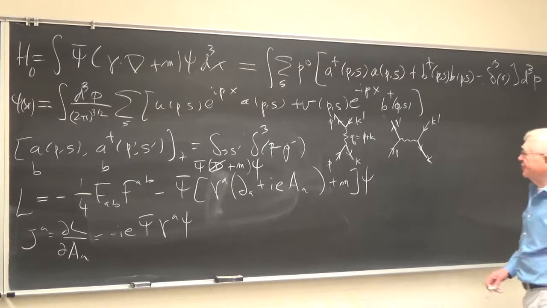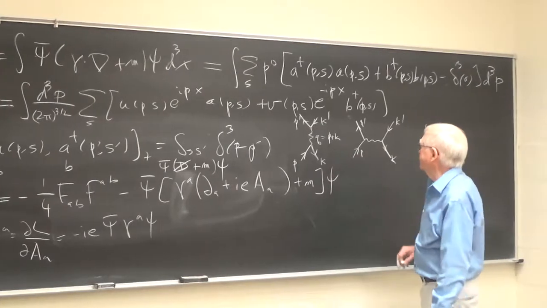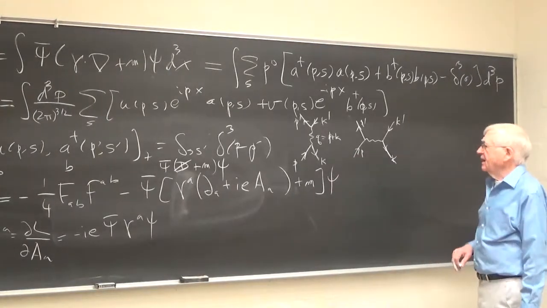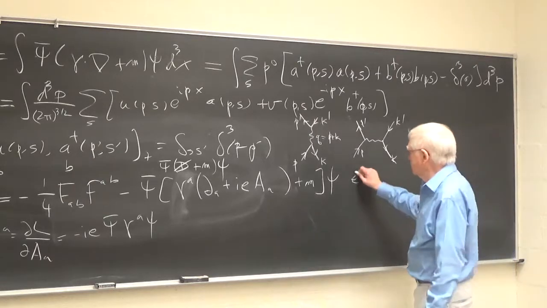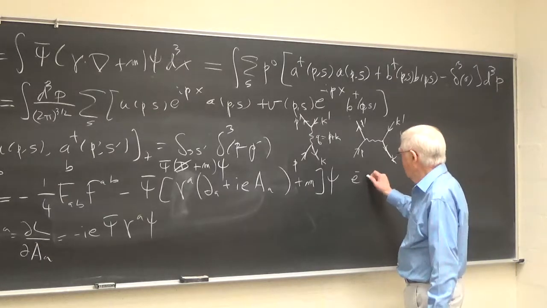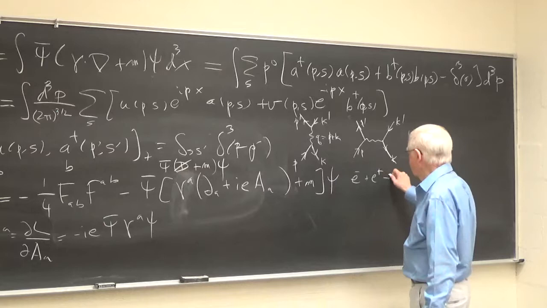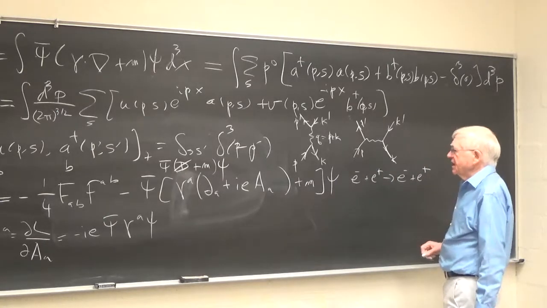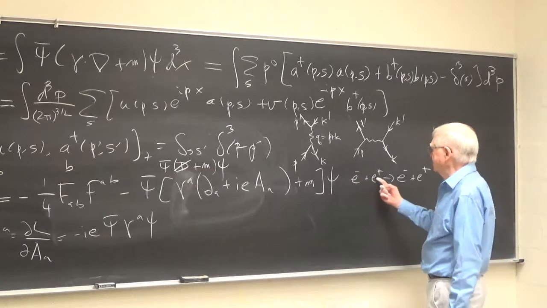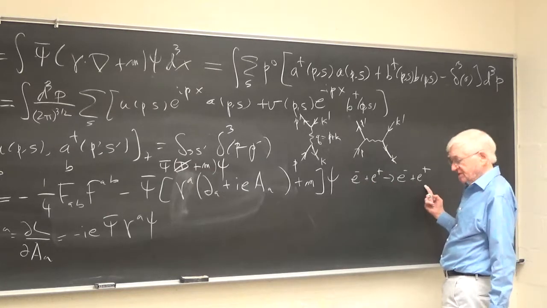Okay, so the Feynman rules are, first draw your diagrams. So this is electron-positron scattering, which we would write as e minus plus e plus goes to e minus plus e plus. There's another process, which is e minus e plus goes to muons in the final state.